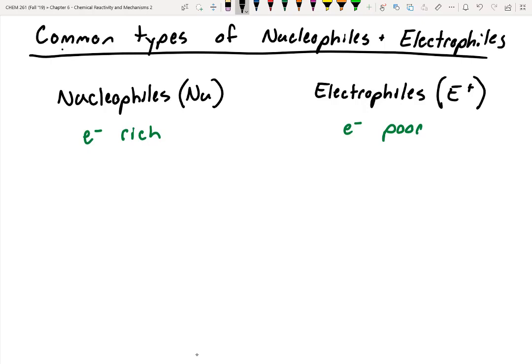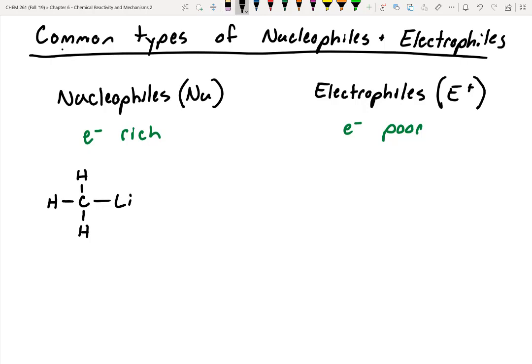So in the first one, I've got this reagent right here. This is methyl lithium. If we look at the carbon-lithium bond here, which element is more electronegative, carbon or lithium? Carbon, right?